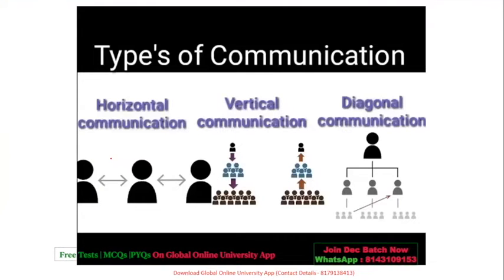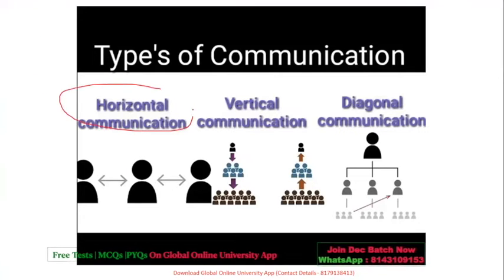Now, again, in types of communication, earlier we studied interpersonal, intrapersonal, group, public, and mass communication. But apart from this, since 2019, there is a question on horizontal, vertical, and diagonal communication with the help of examples.